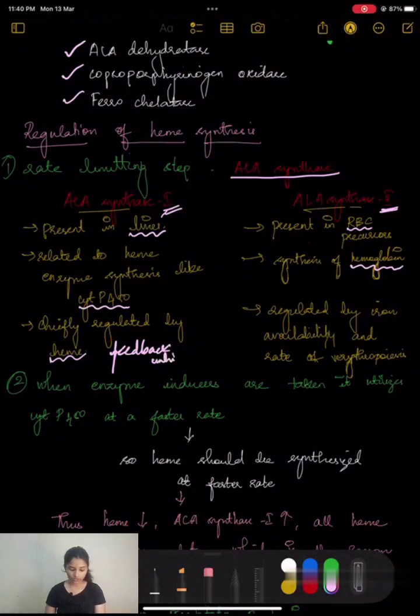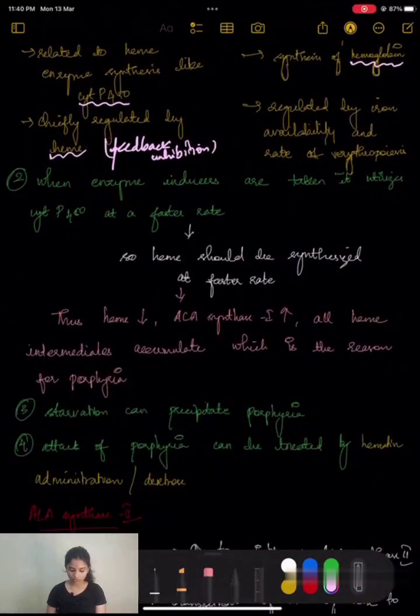The second regulation is that when enzyme inducers are taken, they utilize the cytochrome P450 at a faster rate, so heme should be synthesized at a faster rate. Whenever you are taking a tablet which is an enzyme inducer, it will trigger cytochrome P450 at a faster rate, which will signal that heme should be synthesized at a faster rate.